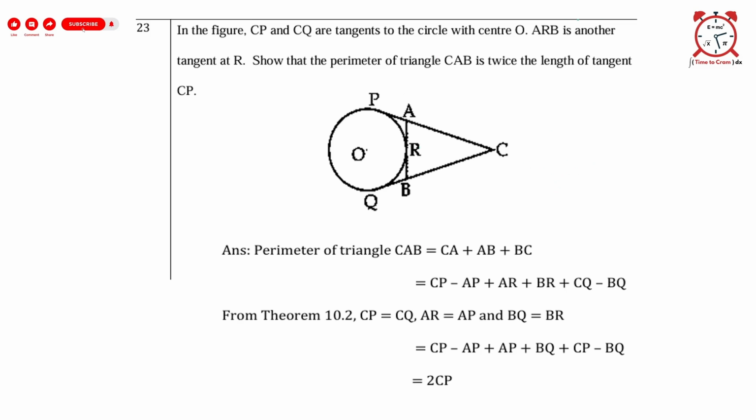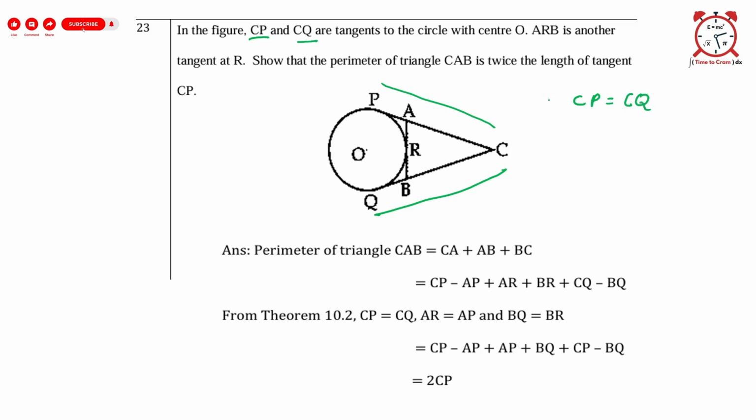So let us read the question first. Okay, in the given figure one circle is there, some tangents are there. So we have to identify all the tangents properly from the figure. In the figure, CP and CQ. Where is CP? CP means this and CQ means here. These are the two tangents. So immediately we have to recall the theorem CP equal to CQ.